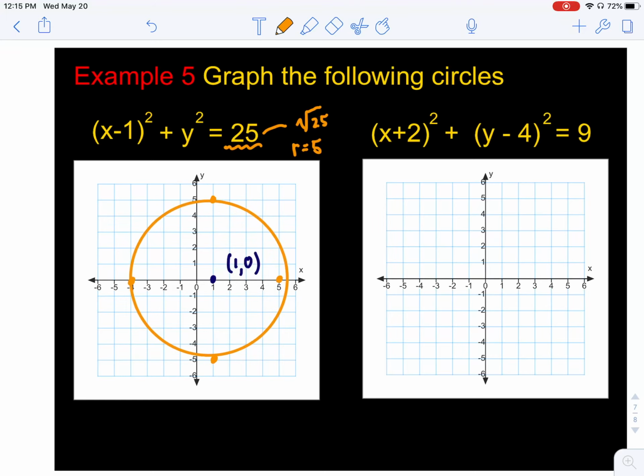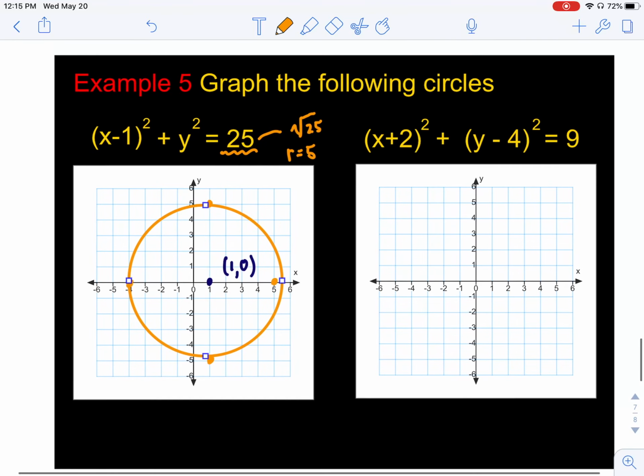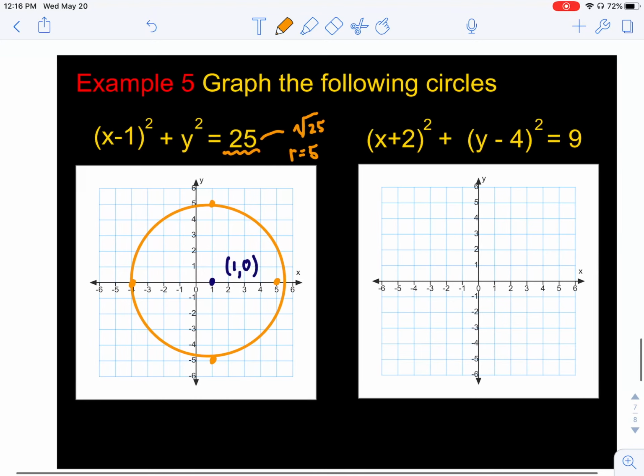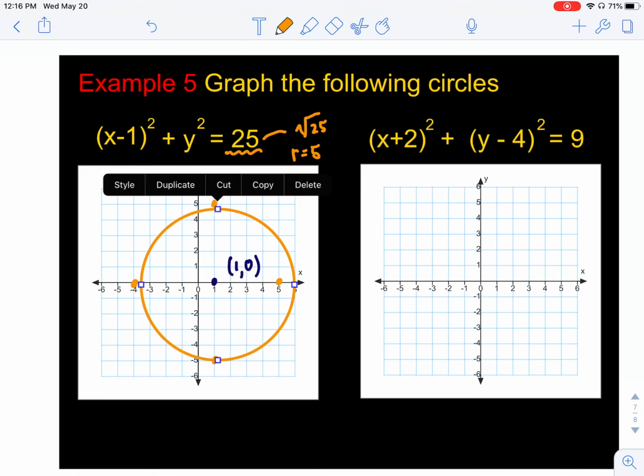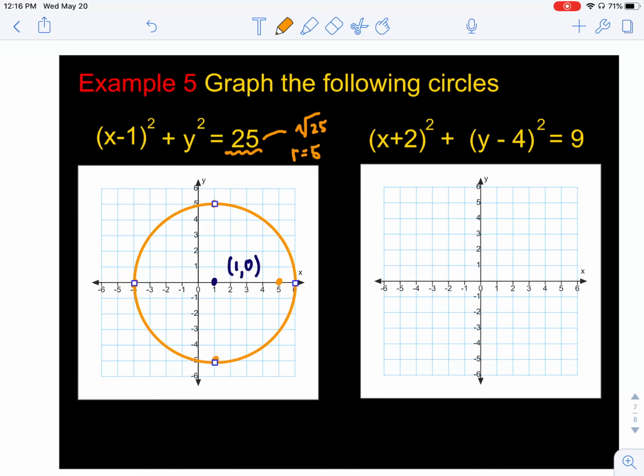Oh, I know why, because it should go over to 6. That's the problem. There, should be a little bit bigger. There we go. From 1 to 6 is 5.